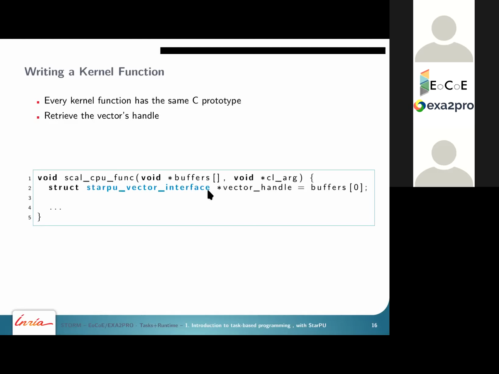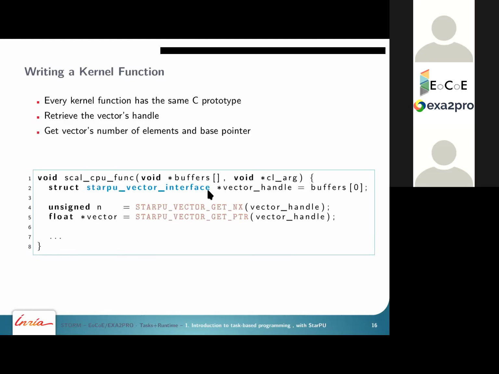I know this because that's how I wrote my program. Then I can look at it. We have some macros here which check the type of data and check that it is indeed a vector, and then get the attributes of the vector: the number of elements and a pointer to the vector.